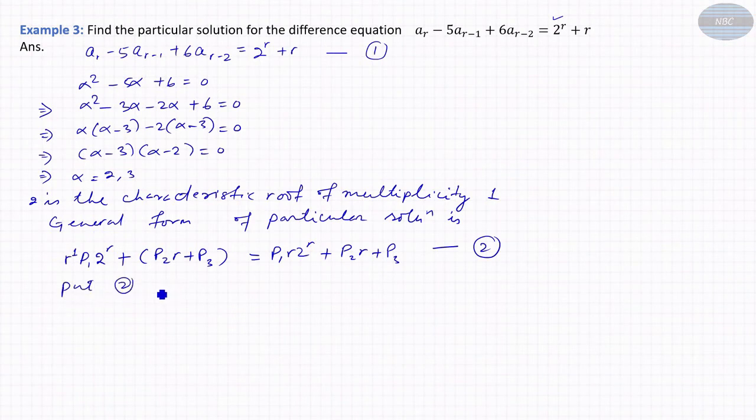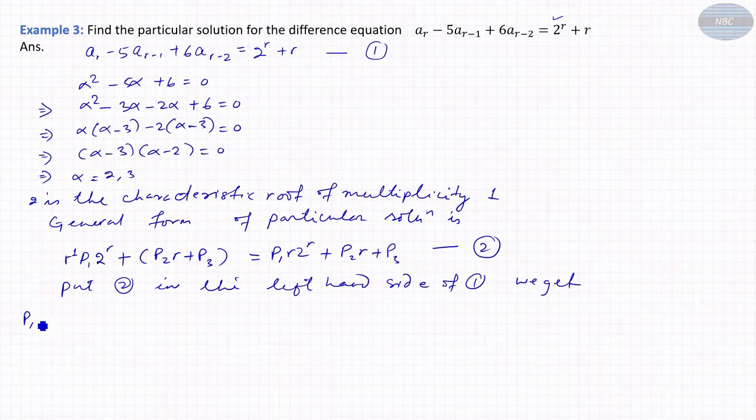Put this in the left hand side of 1, so we get p1 r into 2 to the power r plus p2 r plus p3. This particular term is for a_r. We come to minus 5 a_{r-1}.